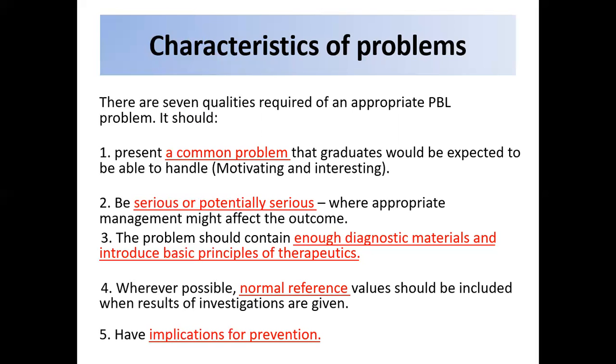If you give sodium level, potassium level of the patient, please, as much as you can, give the normal reference in order to make a good and complete data for students.